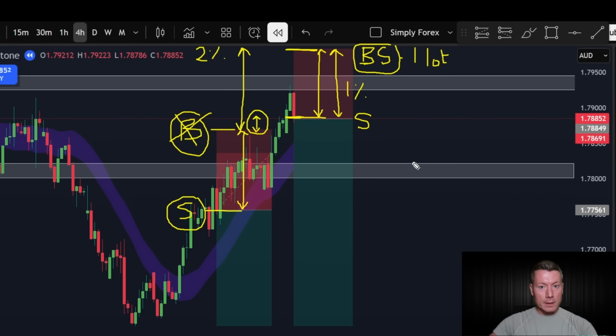So let's imagine we had a one lot sell here, and we've now got a one lot sell here. And my maximum risk is now 3% minus 0.2, so it's around 2.8%. So if price comes up and hits this, we have had a 2.8% loss, which is well within my money and risk management.